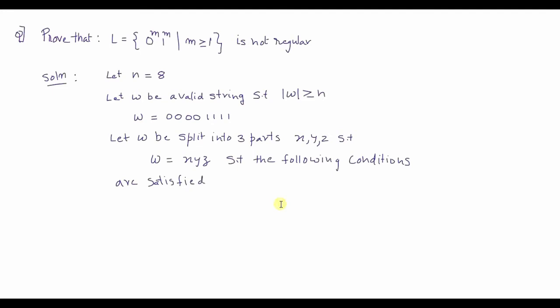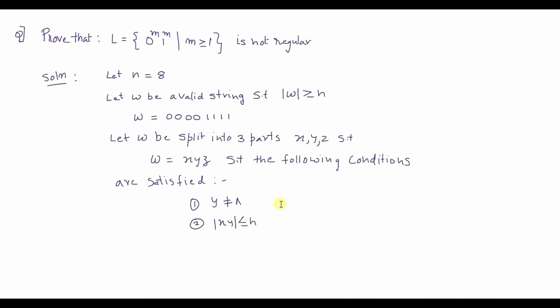And what are the conditions? First, y should not be null. This is the first condition. And the second condition is that the length of xy should be less than or equal to the value of n.